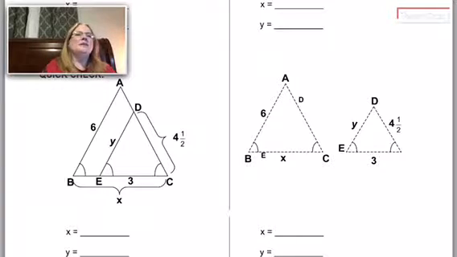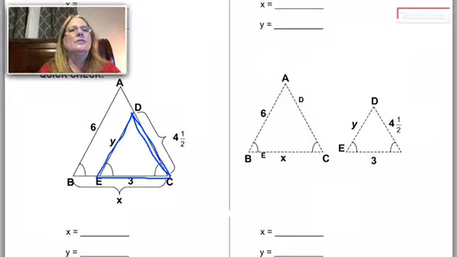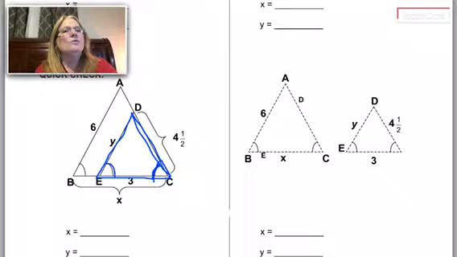Okay, what I notice here is in my small triangle, those are the same. Now, I don't know for sure that it's similar. I'm trying to see if I have enough information, but this angle right here, C, is also in the big triangle. And this shows that this measurement is the same.